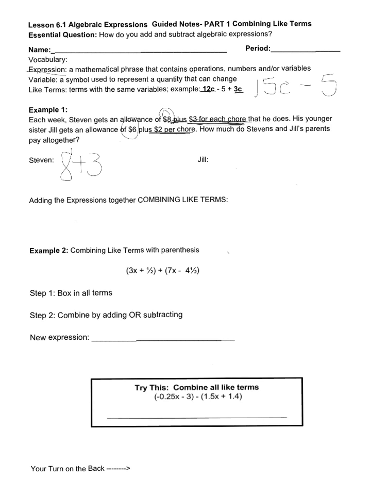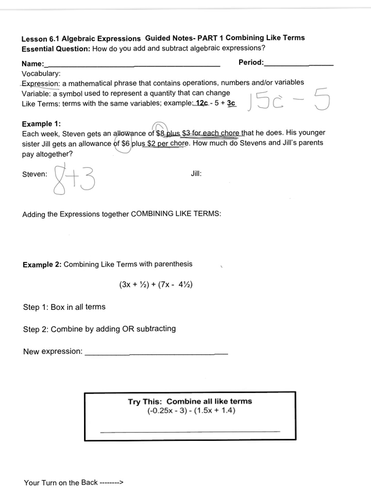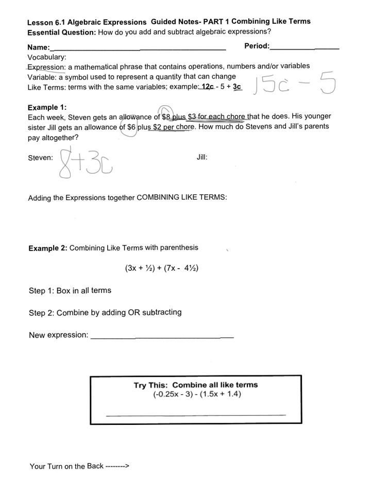So that would be multiplying. If I did one chore, I would take 3 times 1 and get $3. If I did 2 chores, I would take 3 times 2. So we're going to use the variable c to represent. So here is my expression for Stephen, 8 plus 3c.